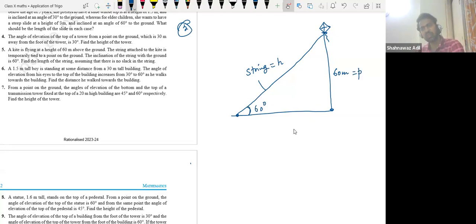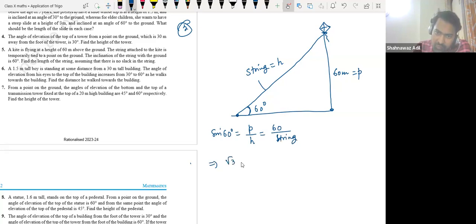What would be the trigonometric ratio that we would use? Perpendicular and hypotenuse, sine. Sine 60. Absolutely correct. Sine 60 is perpendicular by hypotenuse. Perpendicular is 60, and the hypotenuse, which is the length of the string, we want to calculate. Sine 60 is root 3 by 2, so root 3 by 2 is 60 by string length.